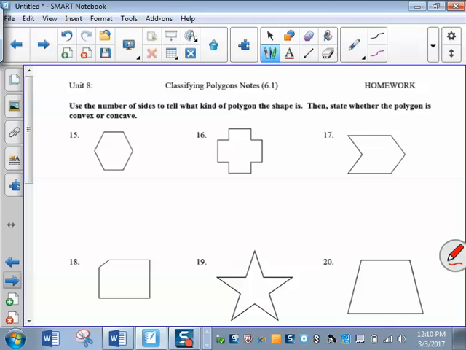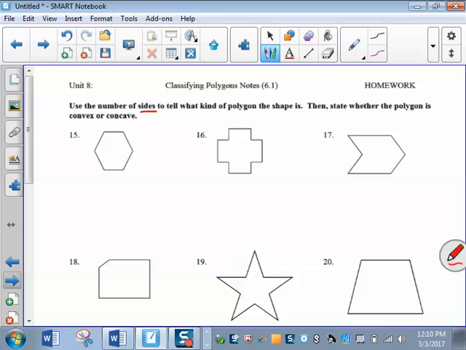On the back page, you're going to use the number of sides to tell what kind of polygon the shape is. Then state whether the polygon is convex or concave. So you do need to know 3 sides is a triangle, 4 sides is a quadrilateral, 5 is a pentagon, 6 is a hexagon, 7 is a heptagon, 8 is an octagon, 9 is a nonagon, 10 is a decagon, and 12 is a dodecagon.